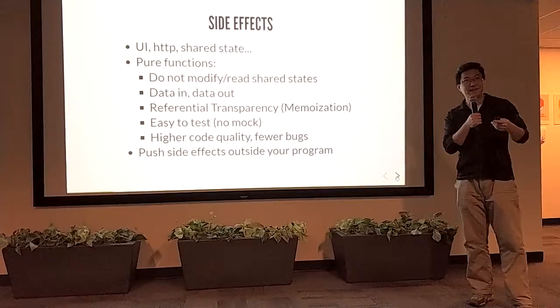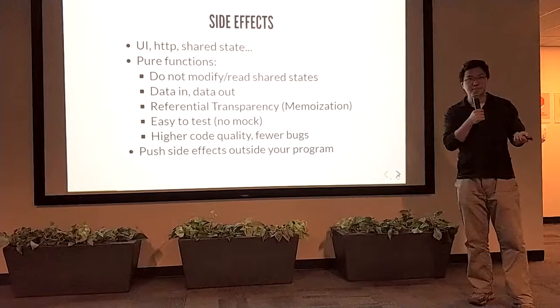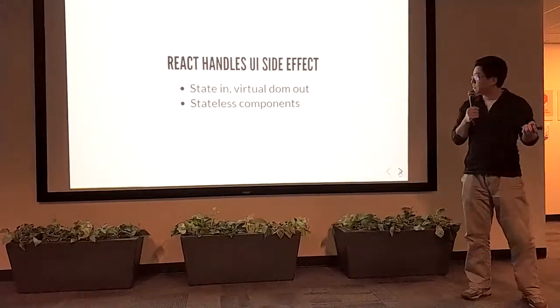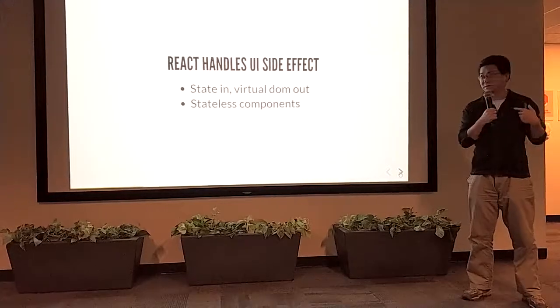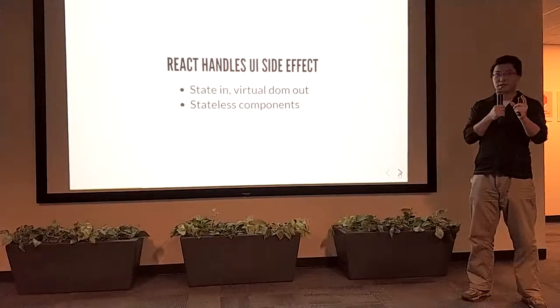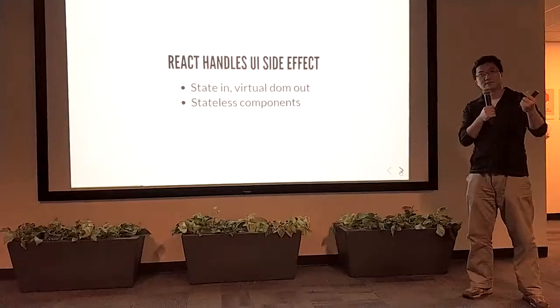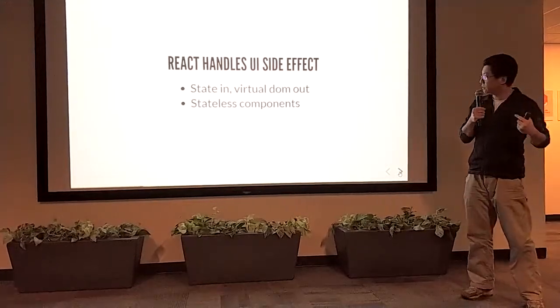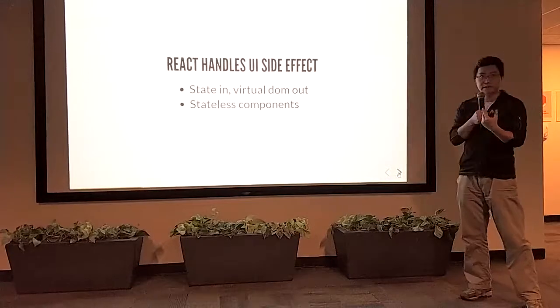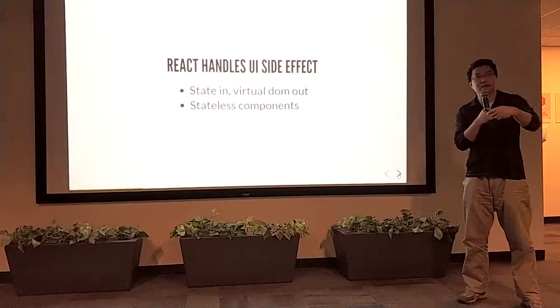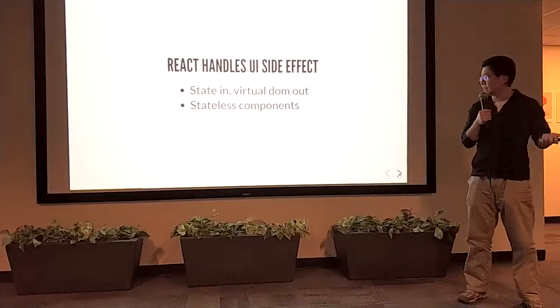And actually, React is a perfect example of this structure. React handles the UI side effect for us. So we can just provide pure functions that take the current state as input and produce virtual DOM as output. Then React will take the virtual DOM and figure out how to interact with the UI, so that we don't have to do that.